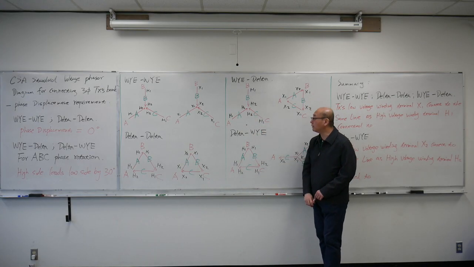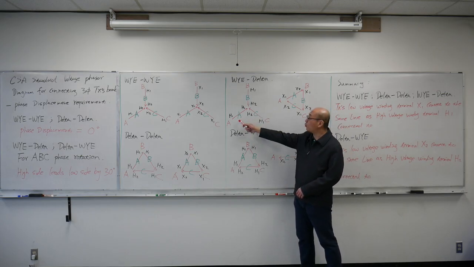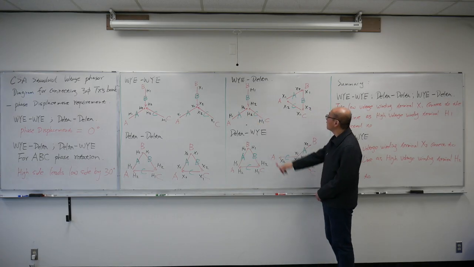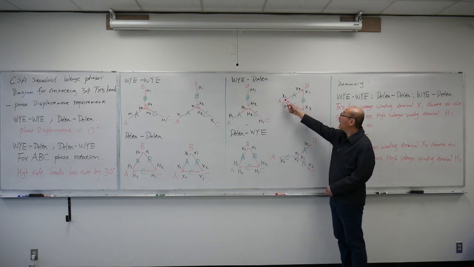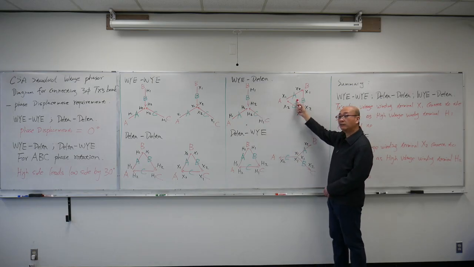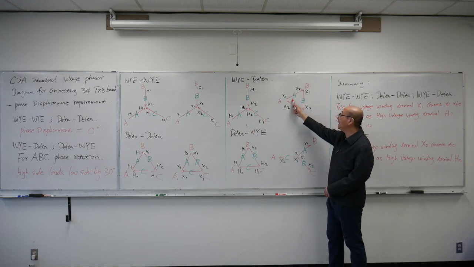Now let's look at Y to delta and delta to Y. For Y to delta, because my high voltage side Y starts at A to neutral, H1 to H2 is at 30 degrees. On the delta side, X1, X2 on phase A is at the same 30 degrees down here, but the neutral point for this delta is right in the center, so from A to the neutral point in the center is at 0 degrees. That's why for Y to delta, the high voltage side leads the low voltage side by 30 degrees.